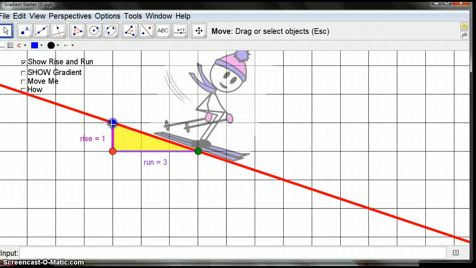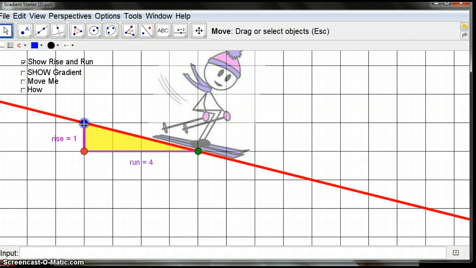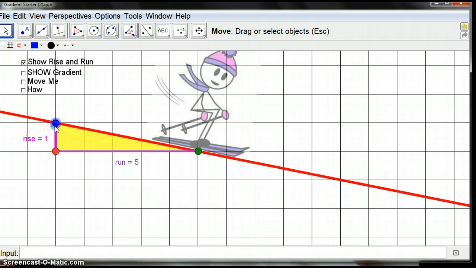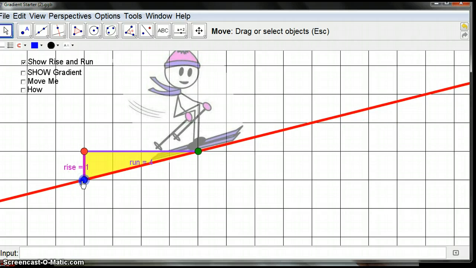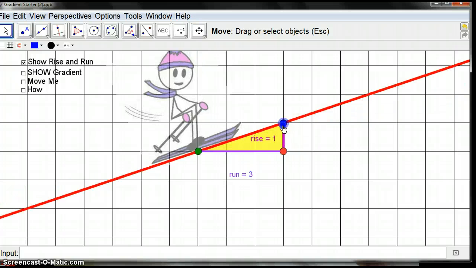Negative 1/3. Negative 1/5. What about this one? A fifth? A quarter? A third?